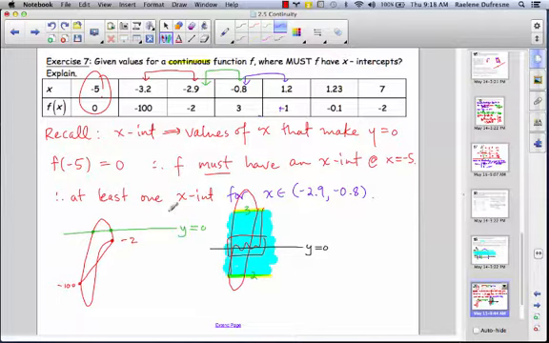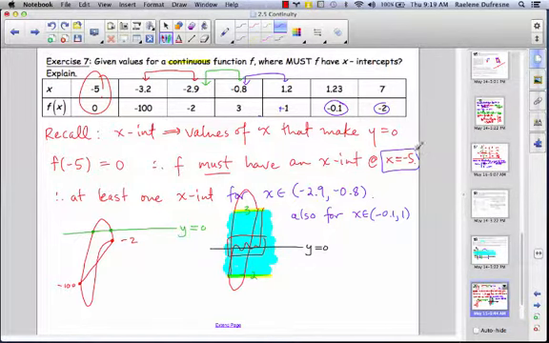So there must also be at least one x-intercept, also for x contained from 1.2 to 1.23, and there's no sign change in y from negative 0.1 to negative 2, so we don't know for sure if there's an x-intercept between 1.23 and 7 for x.